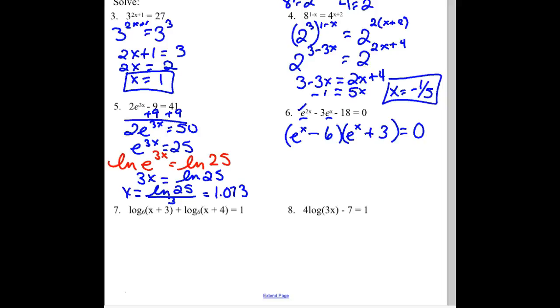Because it's equal to 0, we can set each of these factors equal to 0. Solving, we have e to the x equaling 6 and e to the x equaling -3. Now it's very similar to the one we just did, where we have to take the natural log of both sides.